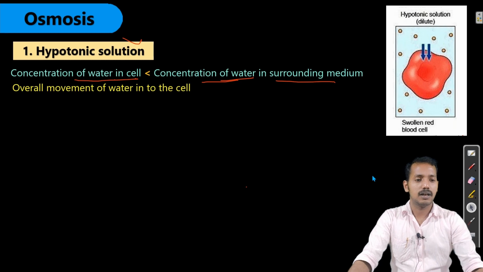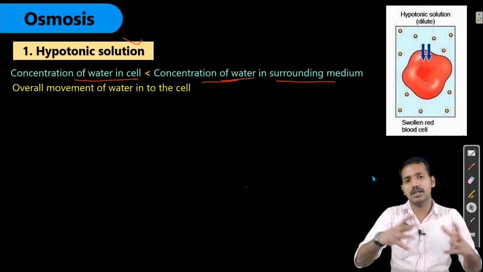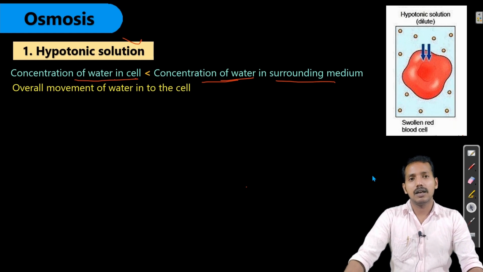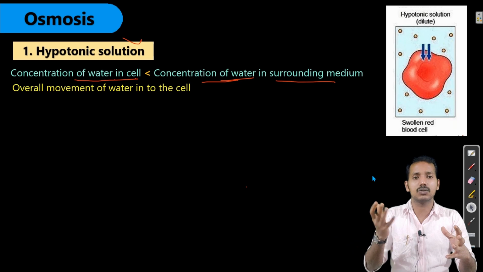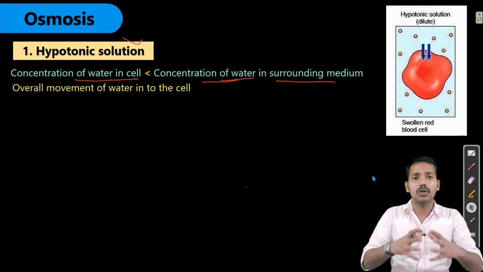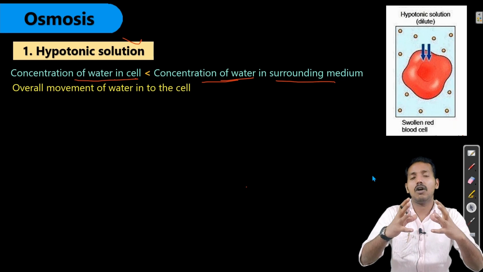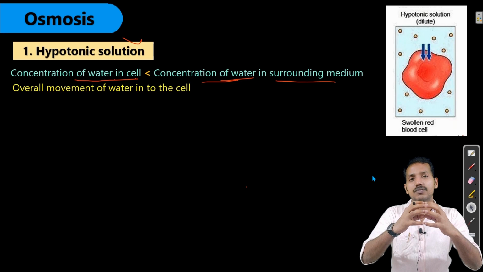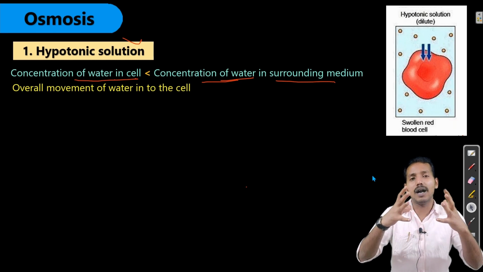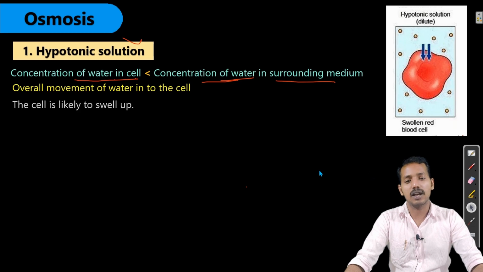Let's see here. When this overall movement of water takes place into the cell, what will happen? The volume of the cell will increase as the water enters into the cell. How can the volume increase? Because the plasma membrane, that is the membrane of the cell, is flexible. So due to its flexibility, it can bulge out, or we can say it is likely to swell up.